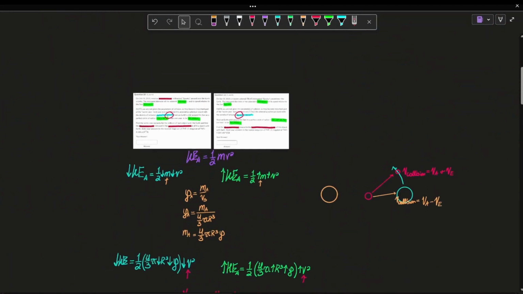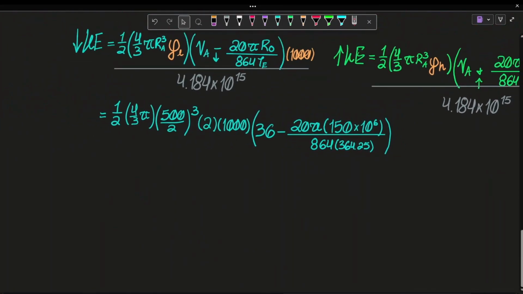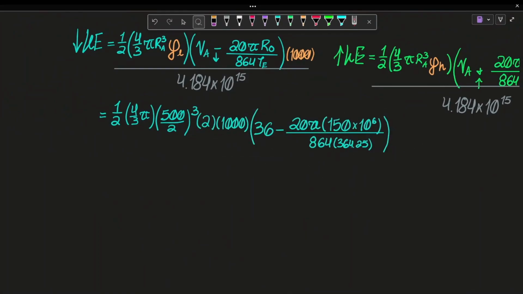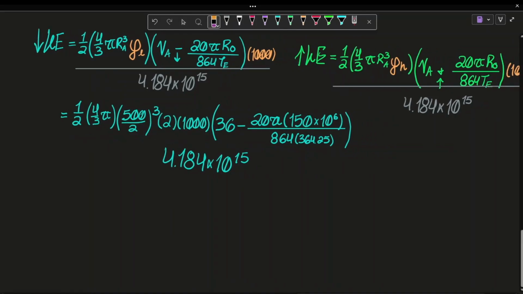The period was 364.25 days. And of course, all of that divided by the conversion to megatons of TNT, over 4.184 times 10 to the 15.